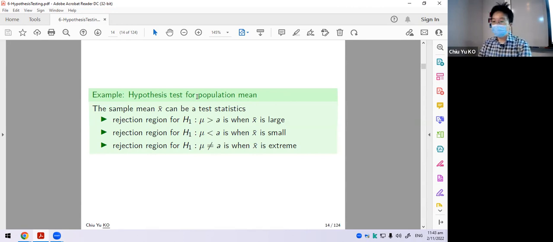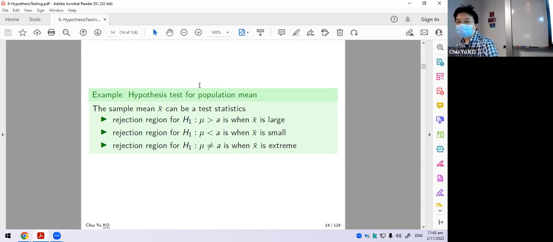If the alternative is mu bigger than a certain number, then the rejection region is when the sample mean is very large. And if you want to reject when mu is very small, then the rejection region is when the sample mean is very small.